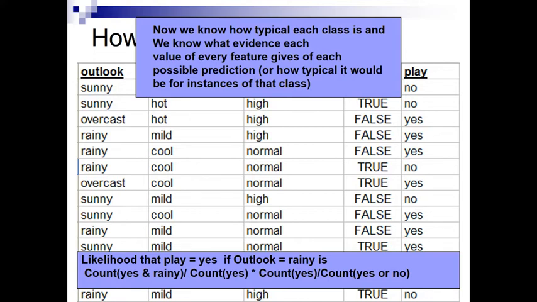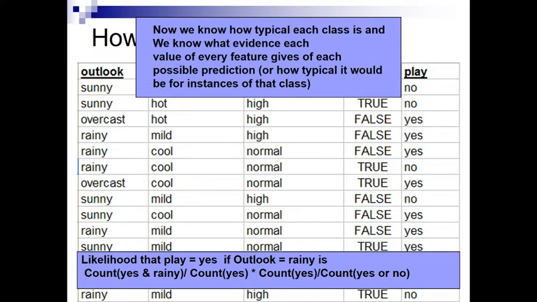But what we can find is the probability of rainy given yes, which is 1/3, and we know the probability of yes. It's the total proportion of yeses that we see. So if we multiply those together, that's the likelihood that we saw before when we were talking about balls and bowls. And remember that when we computed it that way, we said it's not a probability yet, but it's proportional to the probability that we want.